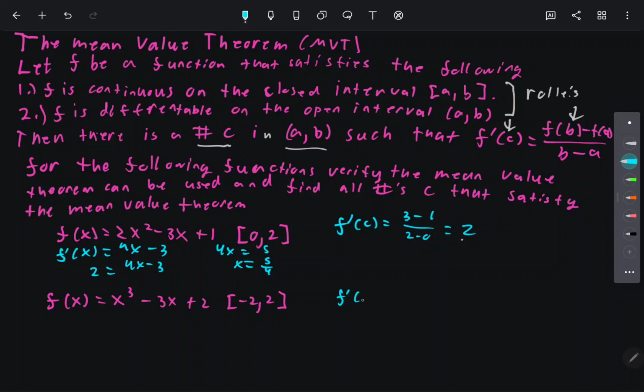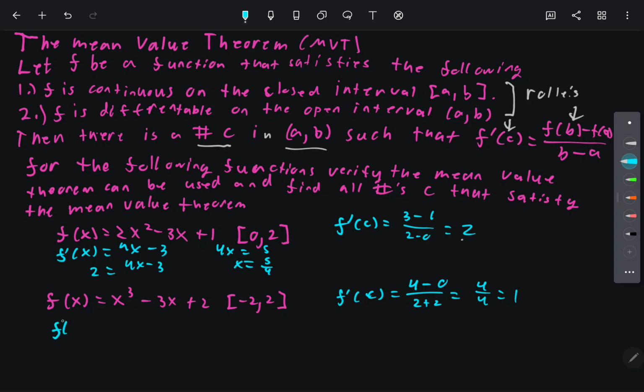So there must be an f prime of c such that from -2, or let's see, from 2, which in this case is going to be 8 minus 6, so 2 plus 2, which is 4, minus the value at -2, which is -8, plus 6, so that will be -2 plus 2, so 0, all over 2 plus 2. So we get 4 over 4, or f prime must be equal to 1 at some point in the interval.